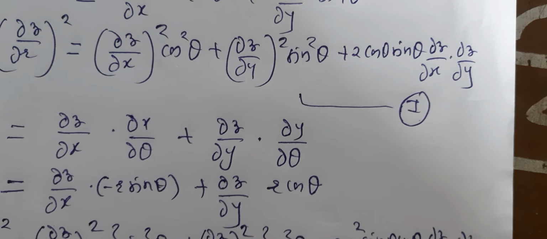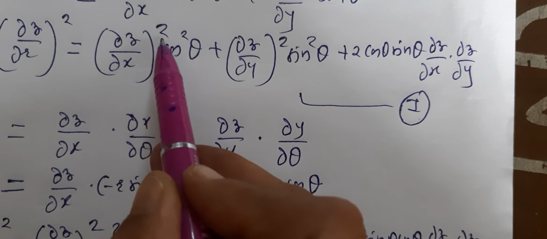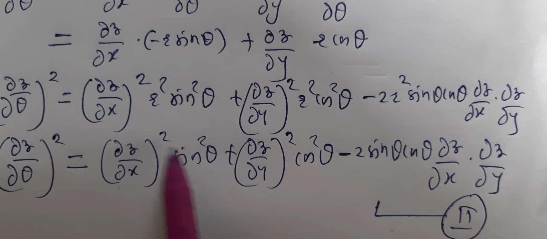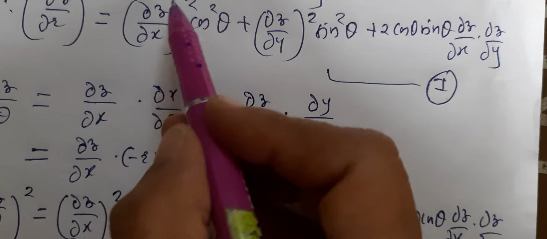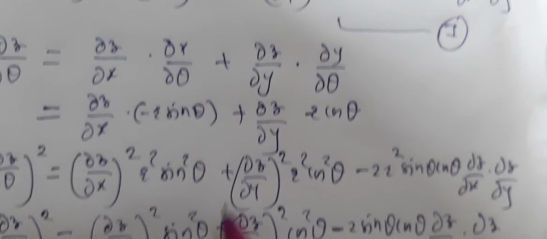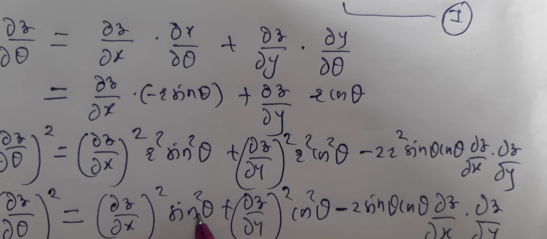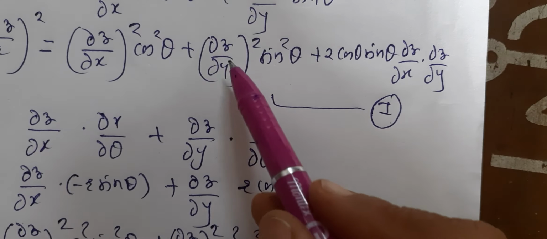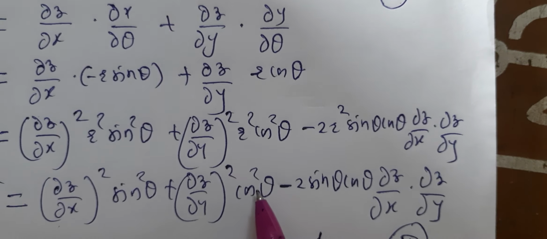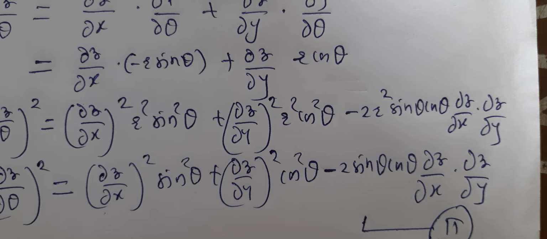When you add these two, (∂z/∂x) whole square cos square theta, here (∂z/∂x) whole square sin square theta. So (∂z/∂x) whole square is common. What is left in the bracket is cos square theta plus sin square theta, which is 1. Same way here (∂z/∂y) whole square is common. What is left in the bracket is sin square theta plus cos square theta, which is 1.